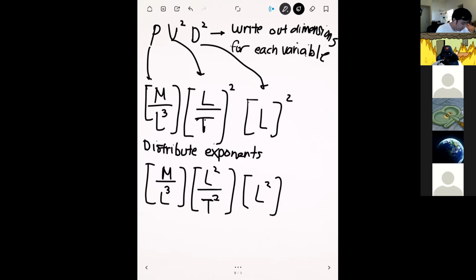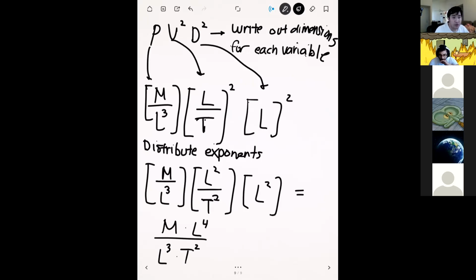Okay. So now we have to simplify this, so we need to cancel out some terms. Let's go ahead and perform the multiplications just so it's a little bit easier to do. On top we have M times L squared times L squared, so that's going to be M times L to the fourth. And on the bottom we have L cubed times T squared.